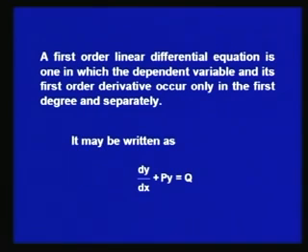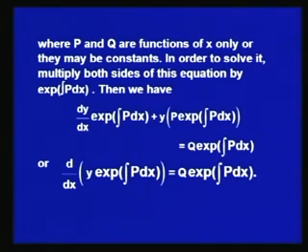We can note that in the differential equation dy/dx + py = q, the coefficient of dy/dx is unity. In order to solve this differential equation, let us multiply both sides by the function exponential of integral p dx. When we do so, we get dy/dx times e^(∫p dx) plus y times p times e^(∫p dx) equal to q times e^(∫p dx).